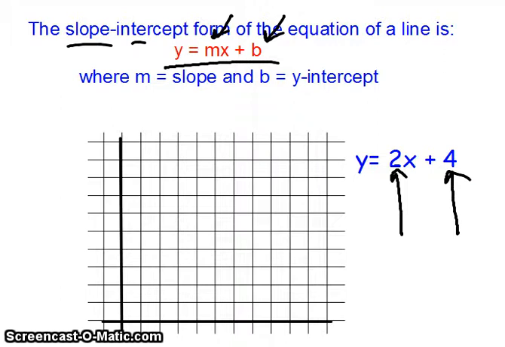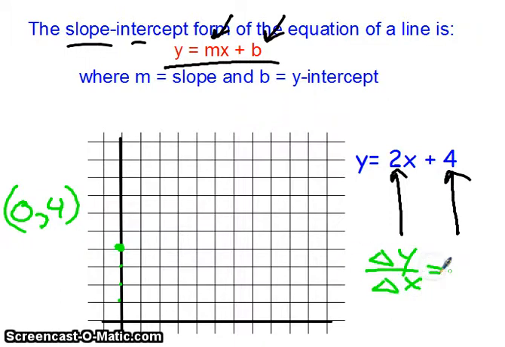So the first thing we're going to look at is our y-intercept. Since it says our y-intercept is 4, we're going to start at 1, 2, 3, 4. We know the line is going to go through that point 0, 4. We also know that our slope is 2 over 1, and we know that our slope is the change in y over the change in x.